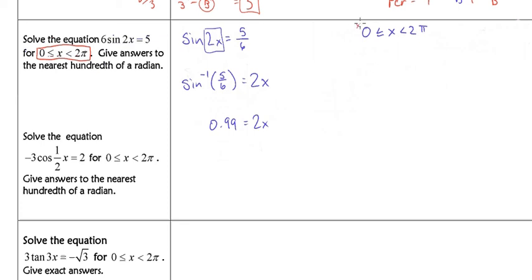So multiply everything by 2. 0 times 2 is 0, 2 times x is 2x, and there's the domain: 2x is less than, not or equal to, but less than 4 pi. So everything got multiplied by 2.